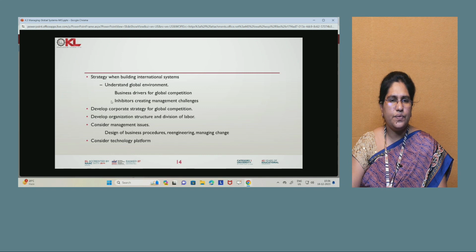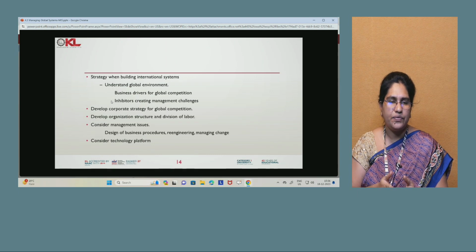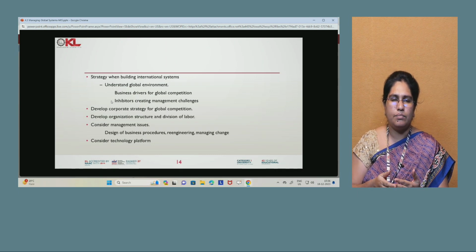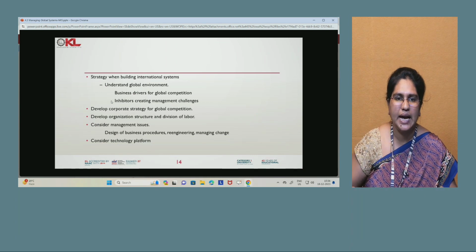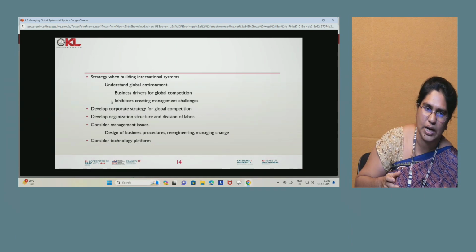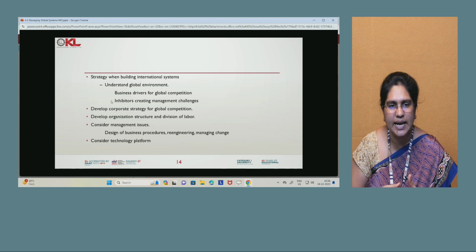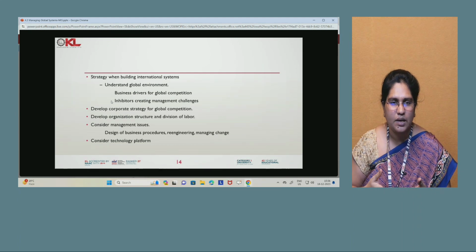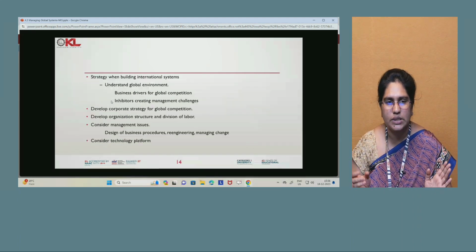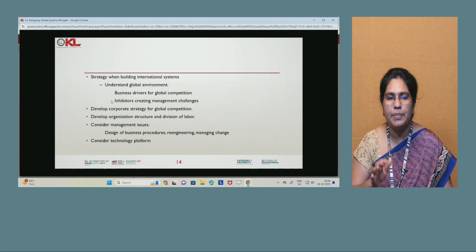So strategies when building international systems, we have to understand the global environment. After that, we have to build business drivers for global competition, and we have to address management challenges, and we have to develop cooperation strategies, and we have to develop the global structure of division of labor and also management issues, and we also have to consider the technological platform.